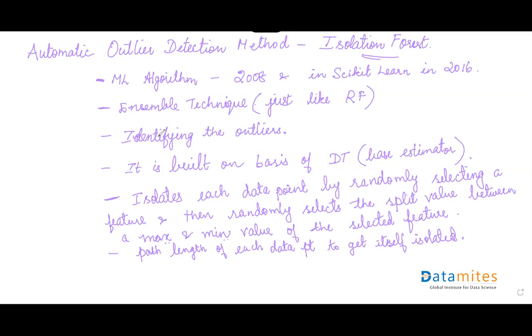So the function of this isolation forest is isolating each data point from the data set. And how is it going to differentiate an outlier from the other data points? For that it is going to check the path length taken by each data point. Let us see one example and then you will understand.